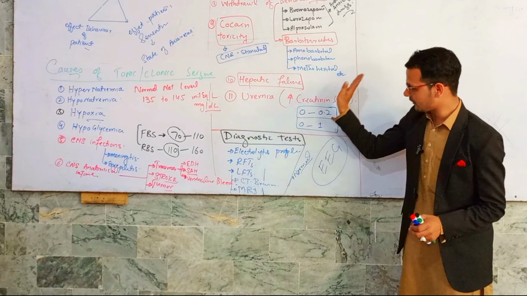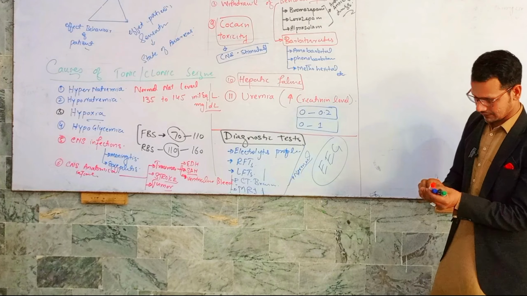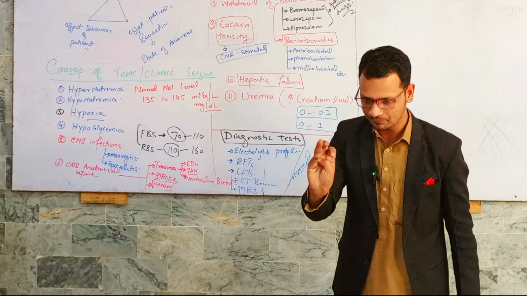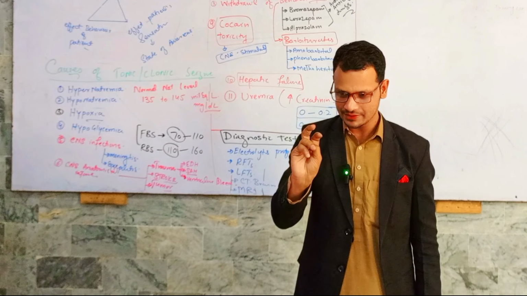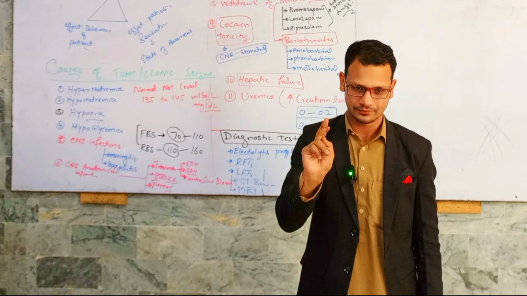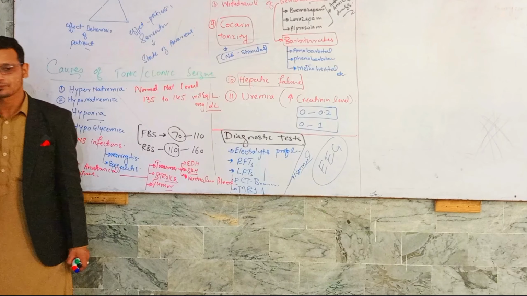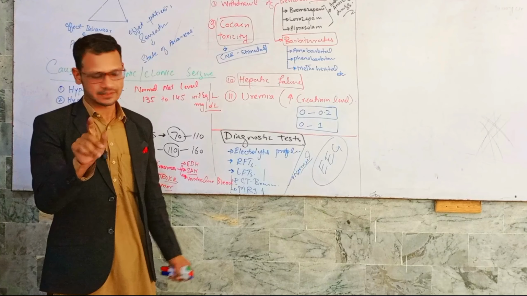But before the treatment, we will see the delirium. Here are 3 wordings: delirium, stupor, and coma, right? These are the 3 things which occur before seizures, right?